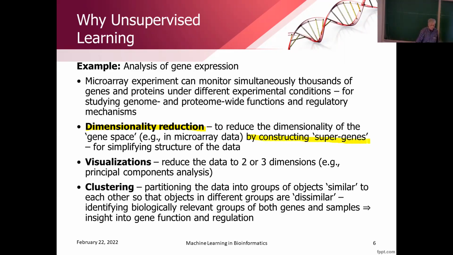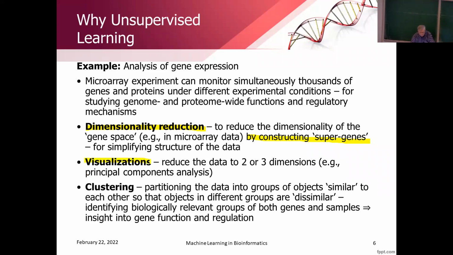So instead of having several thousand measurements, we reduce to some lower number, let's say several hundreds, and then one value in this reduced observation will correspond to the activity of many genes. So therefore, supergene.